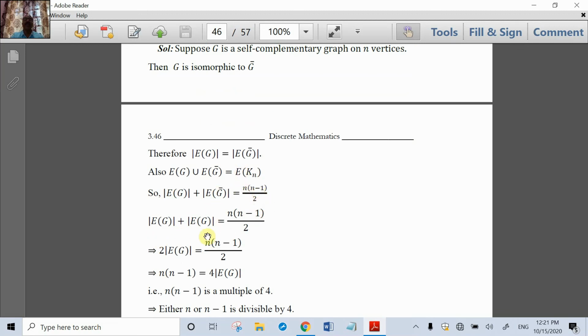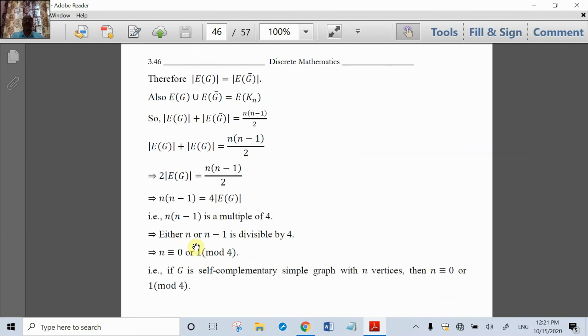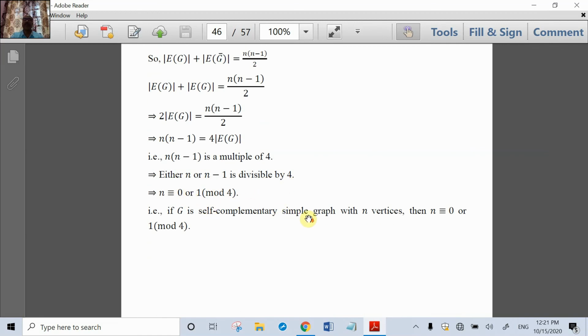E of G bar is same as E of G because of isomorphism. Then 2 times E of G equal to n into n minus 1 by 2. Therefore, n into n minus 1 equal to 4 times E of G. Therefore, n into n minus 1 is a multiple of 4. Then n is divisible by 4 or n minus 1 is divisible by 4. Therefore, n is congruent to 0 mod 4 or 1 mod 4.